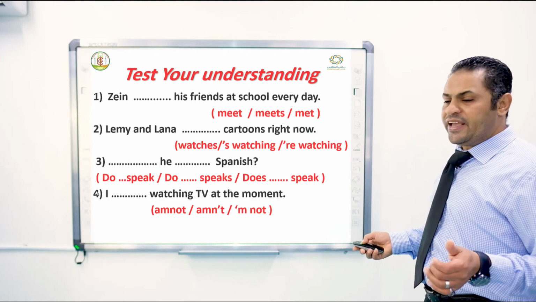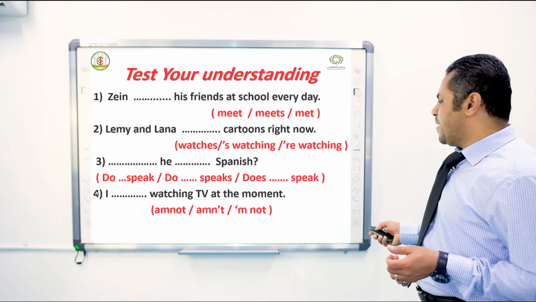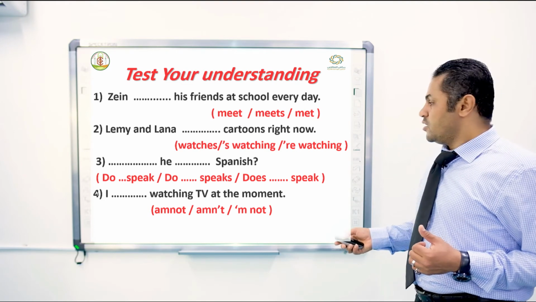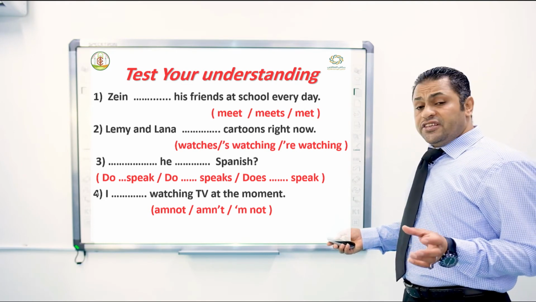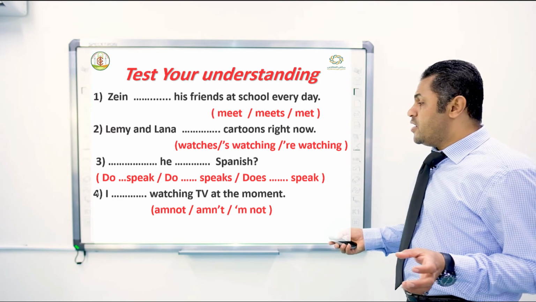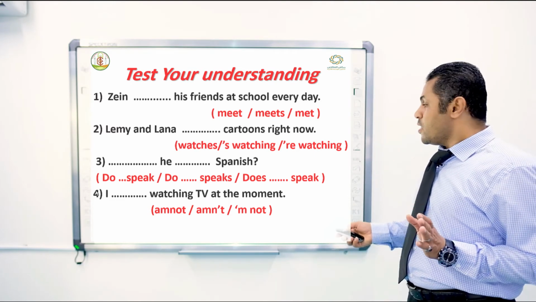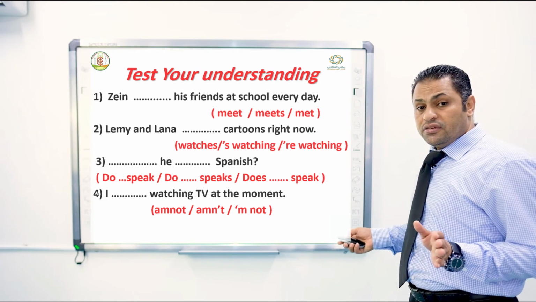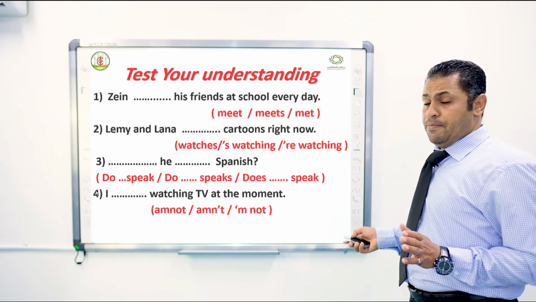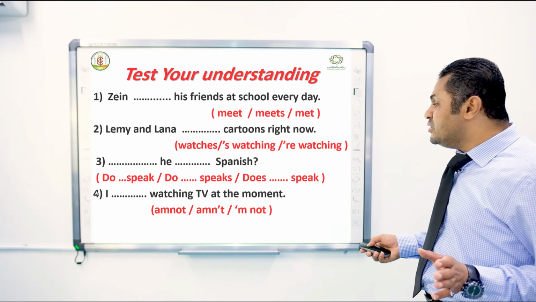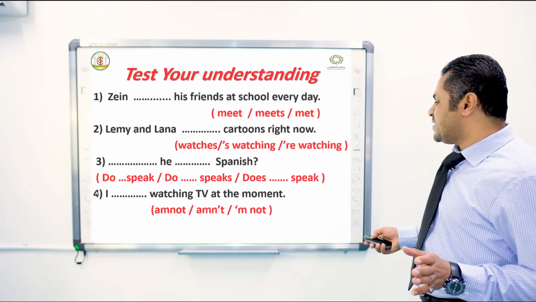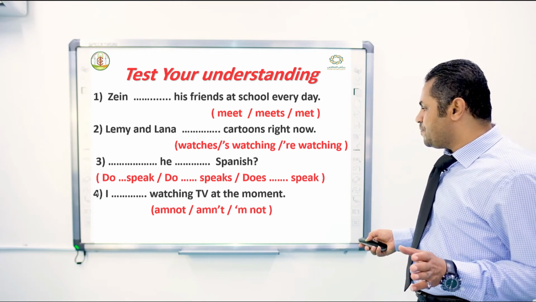Number three, blank he blank Spanish. It's a question. We need here a helper verb such as do or does. And here we need a basic verb. So the answer will be: do he speak, do he speaks, does he speak.